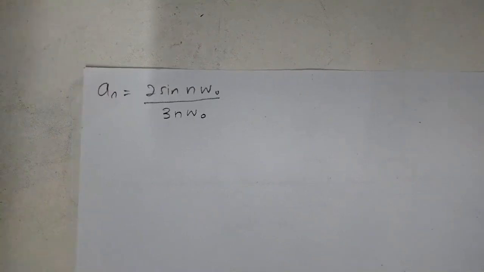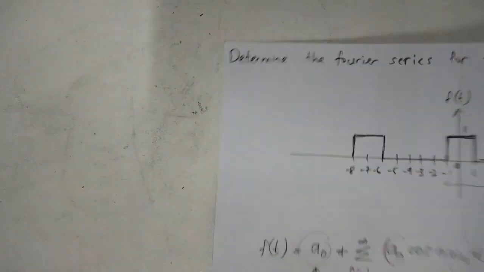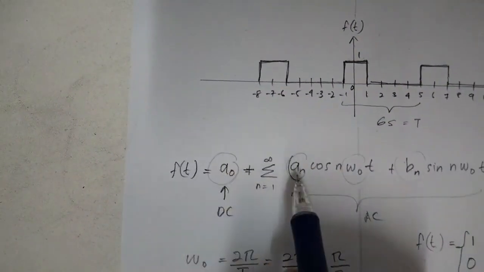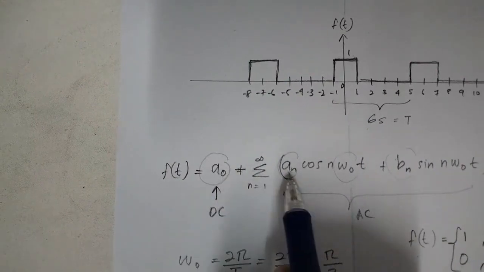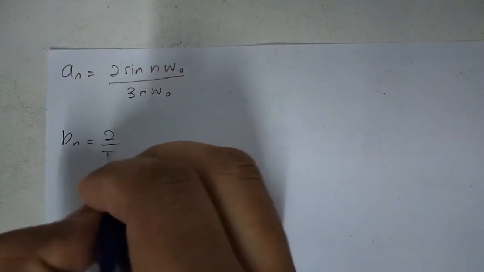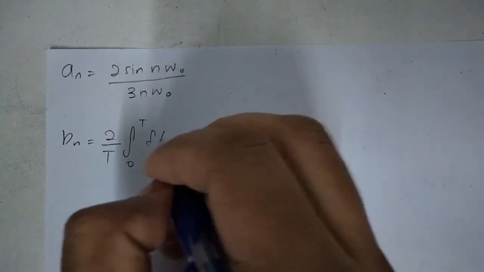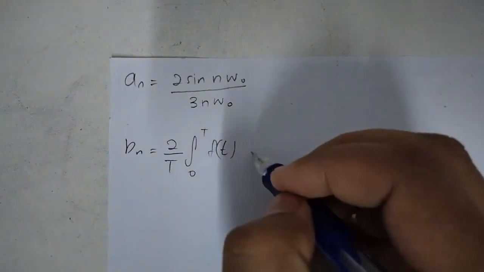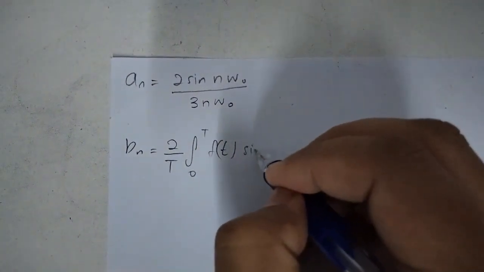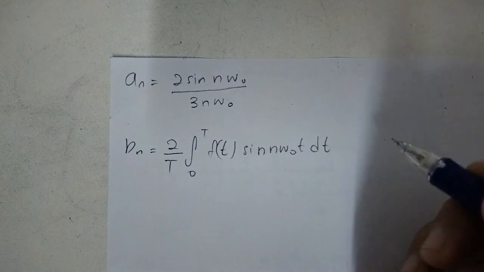That is for an. Now we have solved for a naught and an, and now let's find bn. So what's the equation? bn is 2 over T, integration from 0 to T, f(t) sin(n omega naught t) dt.